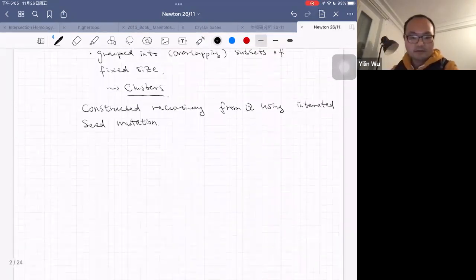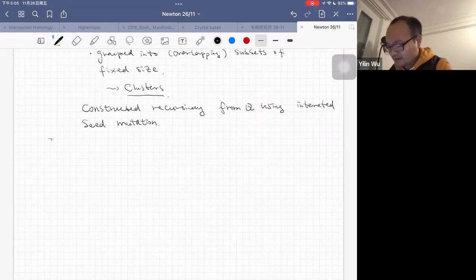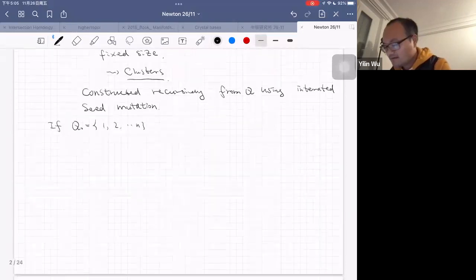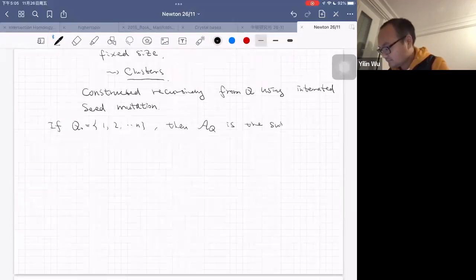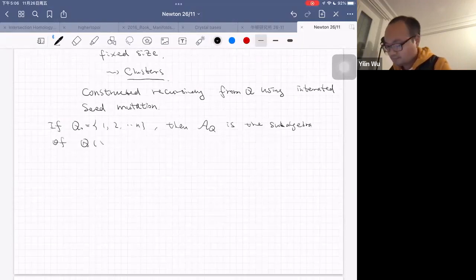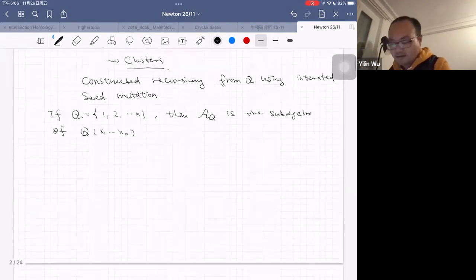Let me introduce, if the vertex set Q0 is indexed by 1 to n, then A_Q is a subalgebra of the function field generated by the cluster variables.